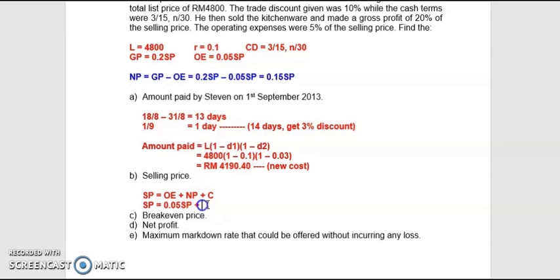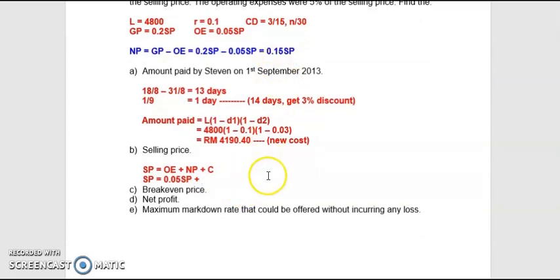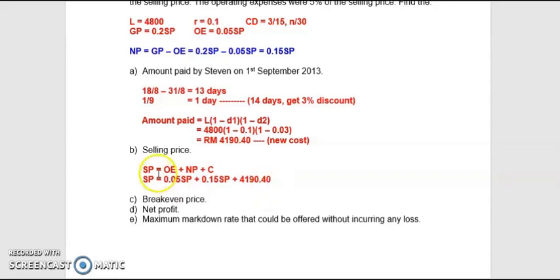Then you substitute here: NP equal to 0.15 SP plus C. C is 4190.4. Now you want to find selling price, right? So collect all items here, which is SP. You make SP as the subject. So SP, this one positive, positive. You bring to left hand side, becomes negative.